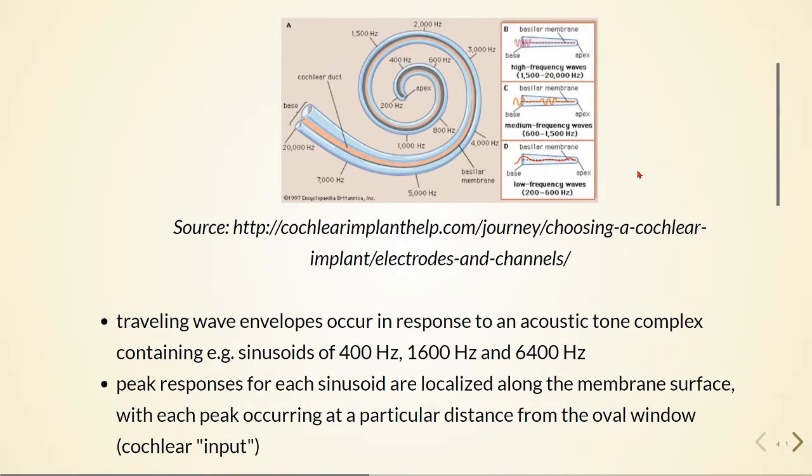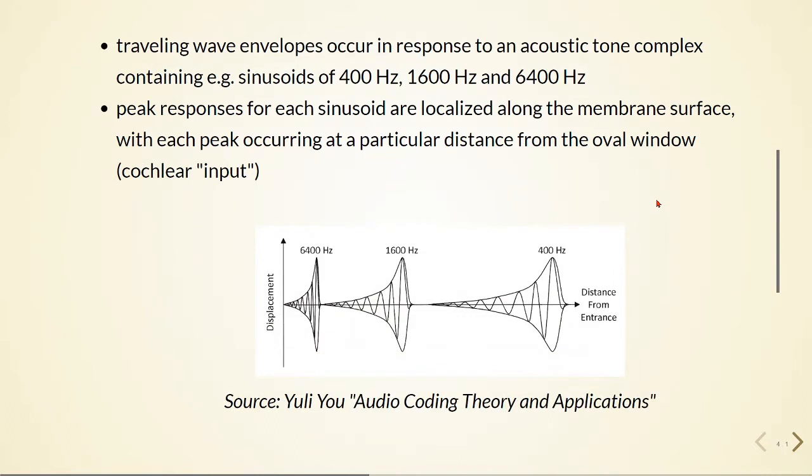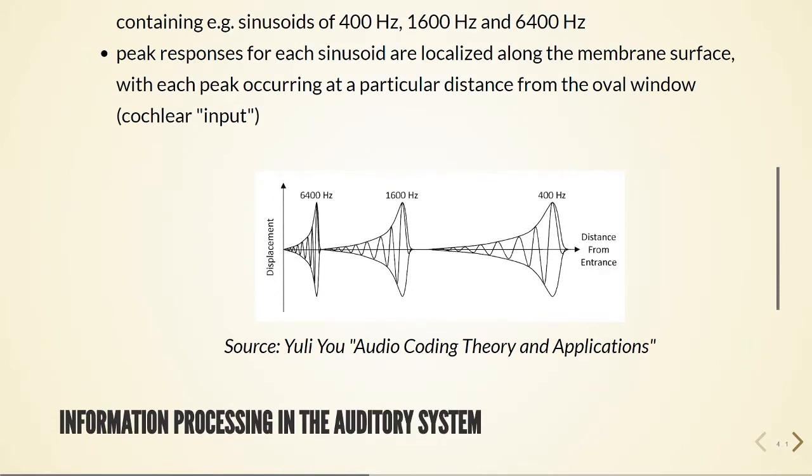So we see that these traveling wave envelopes occur in response to an acoustic tone complex containing, for example, sinusoids of 400 Hz, 1600 Hz, 6400 Hz. And we see that the peak responses for each sinusoid are localized along the membrane surface, with each peak occurring at a particular distance from the oval window or the cochlear input.